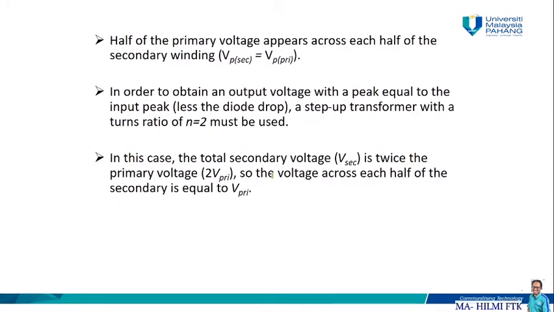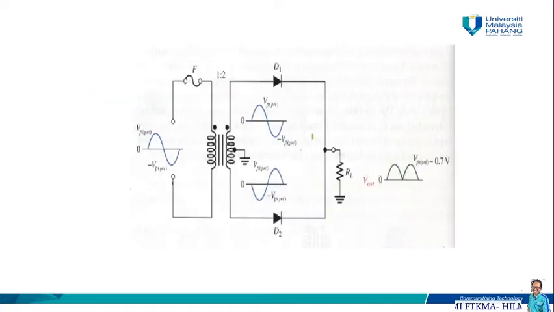So in order to get the same output voltage as the primary voltage, we need to change the turns ratio to N equal to 2. So what we are going to have is this kind of circuit, where the turns ratio is now N equal to 2.